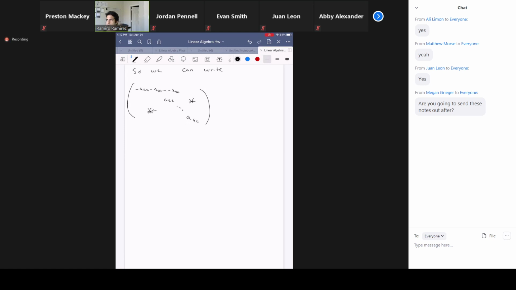So I'm going to have to do everything on the right hand side over here, and then everything on the bottom. So basically, there's 6 elements down there.